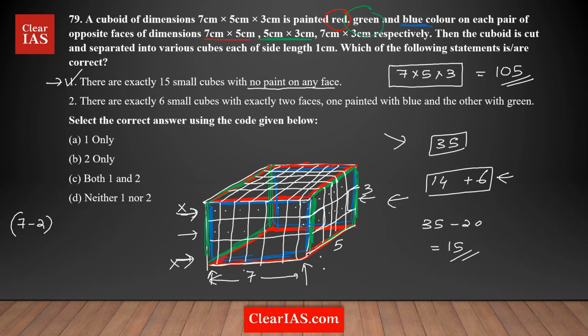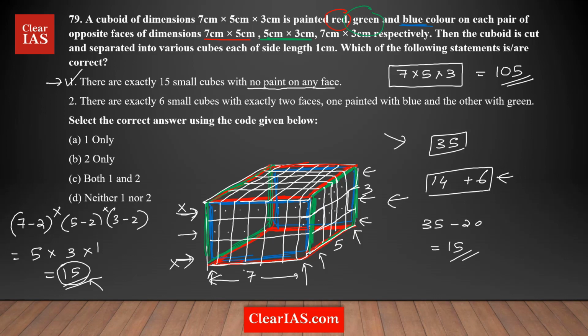Out of that, 1 is in the border here and 1 is here, so I'm subtracting 2 from that. And along the height, the total is 3. Out of that, 1 is definitely in the border and this is also in the border, so only 1 is left. So 3 minus 2. Then you need to multiply. It's going to be 5 times 3 times 1, which gives you 15. So these are the cubes that are not visible to us from any viewpoint.